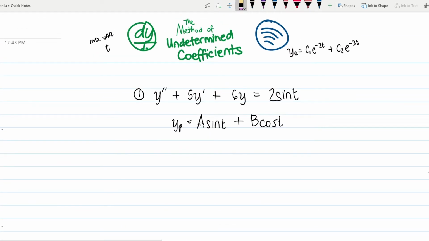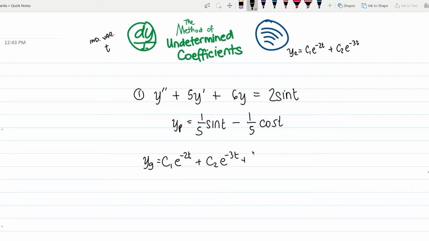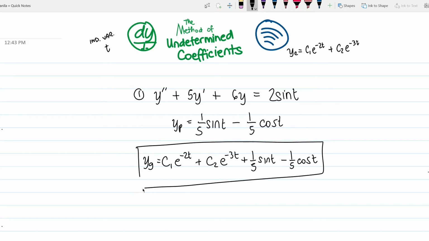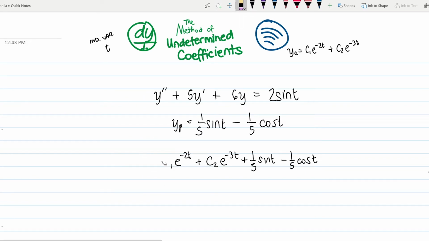So our general equation should just be C1 e to the negative 2t plus C2 e to the negative 3t plus 1/5 sine t minus 1/5 cosine t. And that should be our general equation, right? Okay, tanggalin ko na ngayon. Hindi ko naman ginagamit. I haven't even changed the numbers.